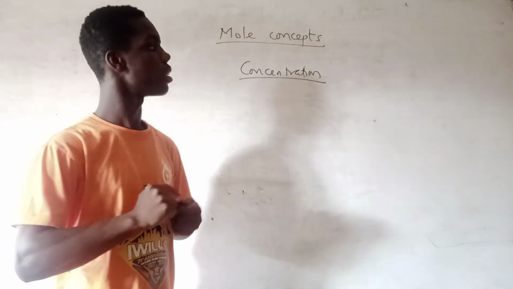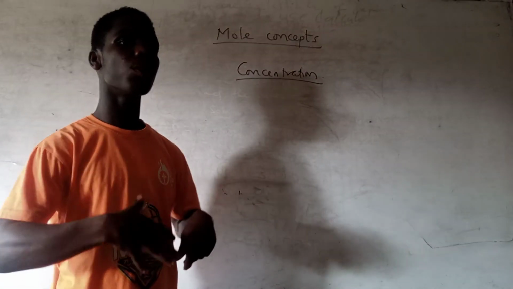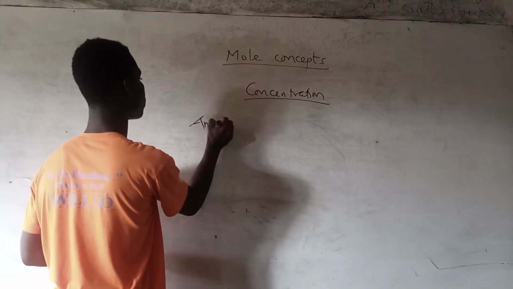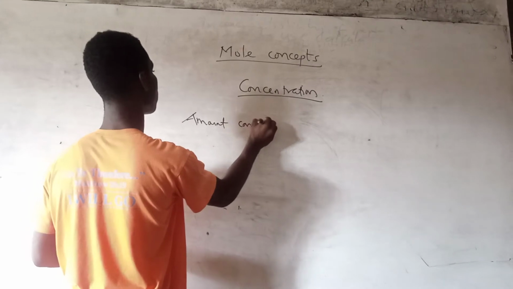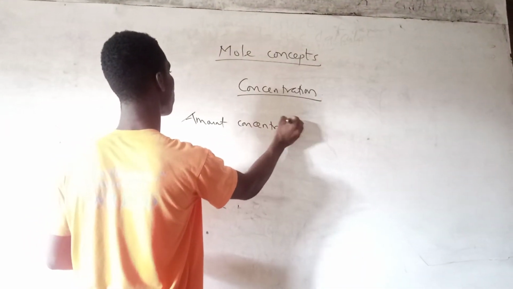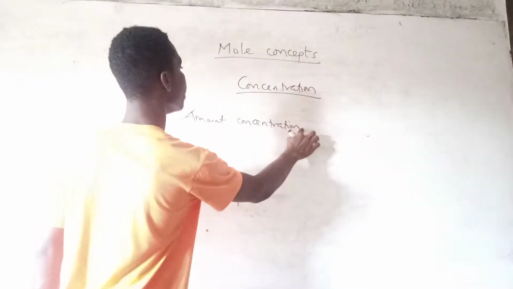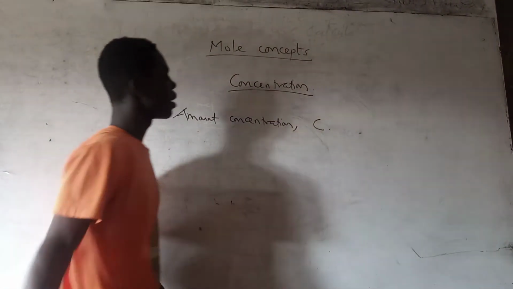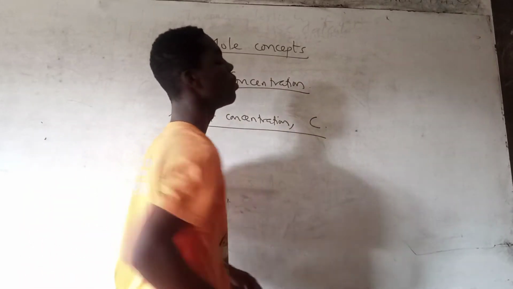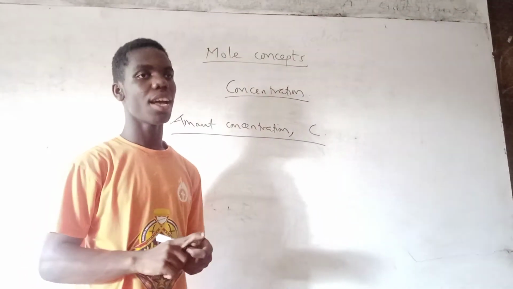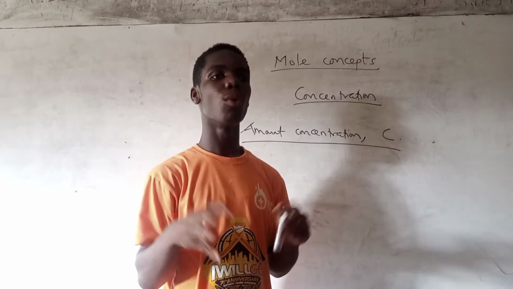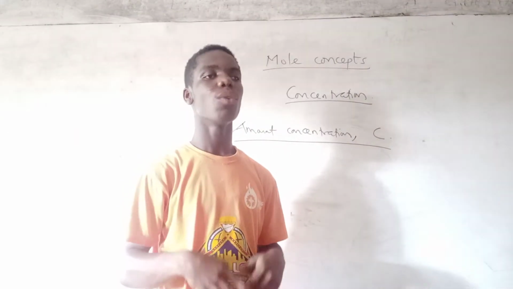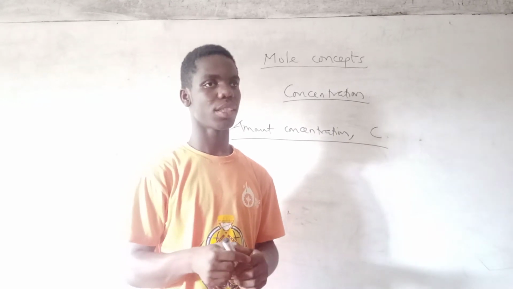We have something called amount concentration, and it is denoted by C. Amount concentration is the number of mole of a substance dissolved in 1 dm cube of a solution.